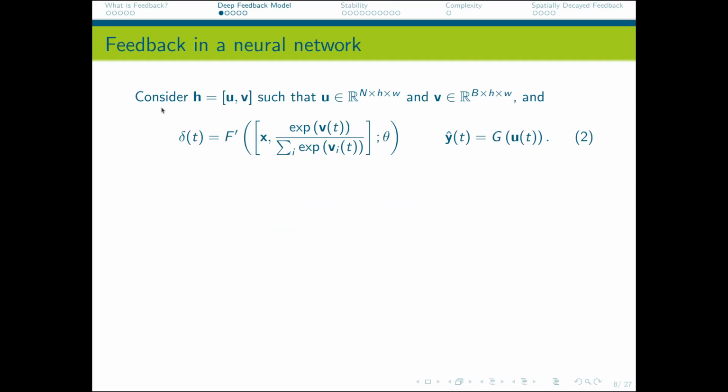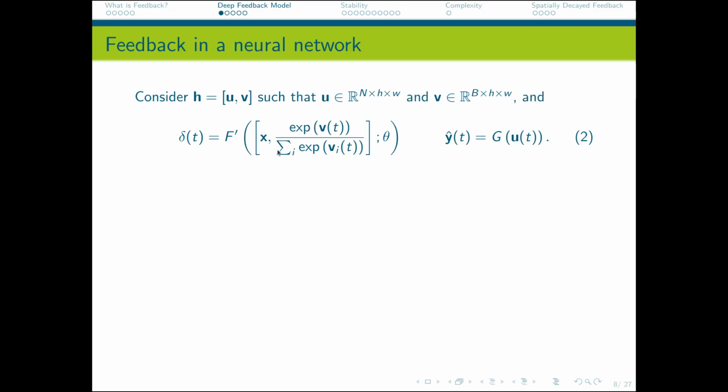So, how can we implement this in neural networks? We have this state vector H. We are going to say that this state vector is always going to be the concatenation between two vectors, U and V. U is the vector that has N neurons, and naturally it will go to the classification head to make a prediction, and V is going to have B neurons, and it's going to be concatenated with the representation of the beautiful poodle, or the input.